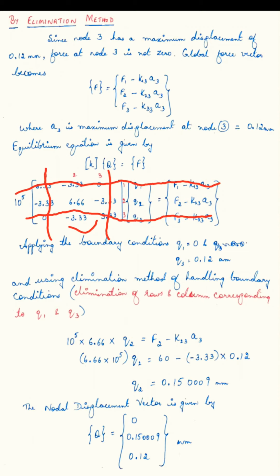So the q2 value that we obtain is 0.15009 mm. Now the global nodal displacement vector is finally obtained to be 0, 0.15009, and 0.12 mm. So 0 corresponds to the fixed node 1, 0.15009 corresponds to node 2, and 0.12 corresponds to the maximum displacement at node 3.